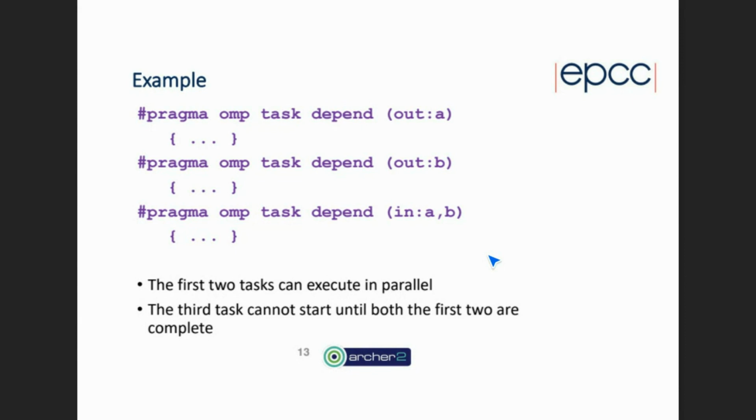Possibly the main area where it's used and very successful is for some dense linear algebra applications, where you have several different functions going on with quite complicated dependencies between them in these algorithms.